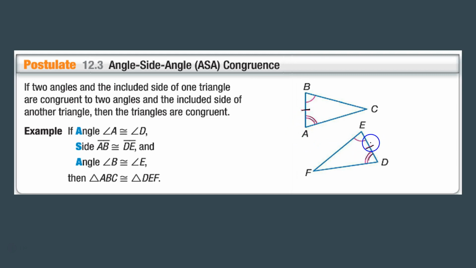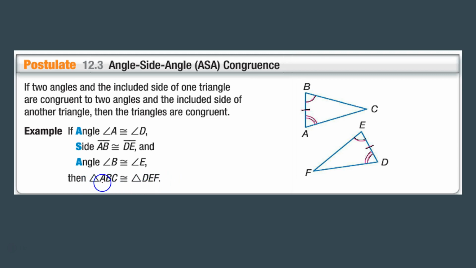And angle B is congruent to angle E, which is shown here. Then we know that these two triangles are congruent by angle, side, angle. So we have triangle ABC congruent to triangle DEF.